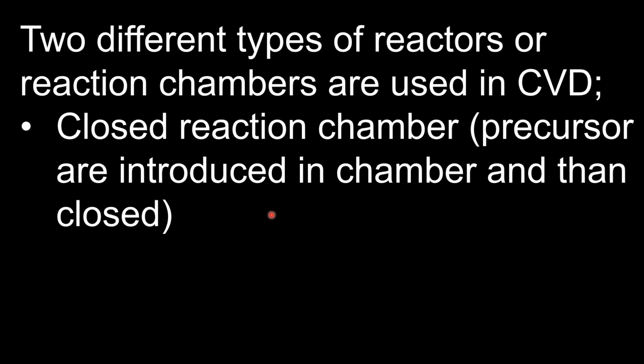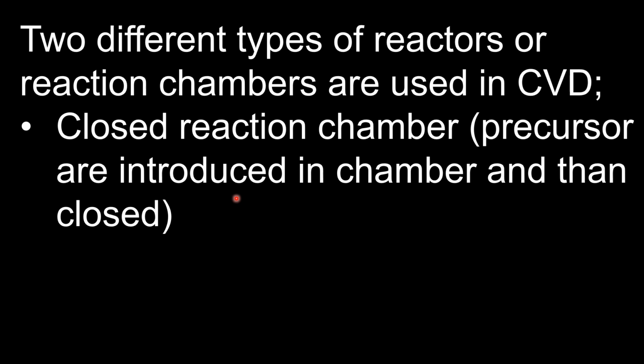So you have to introduce the precursor material at once in a gaseous form, and then the reaction chamber will get closed, and at the end you cannot get a controlled deposited thin film onto the surface of the substrate.